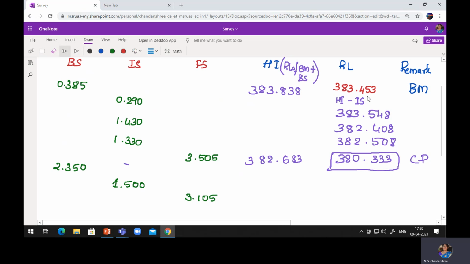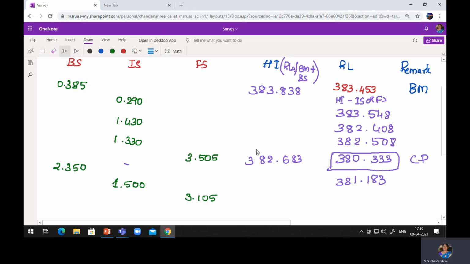So RLs are calculated using this formula, IS or FS. In this column we have IS, so the new height of the instrument 382.683 minus 1.500. So the RL of this point is 381.183.